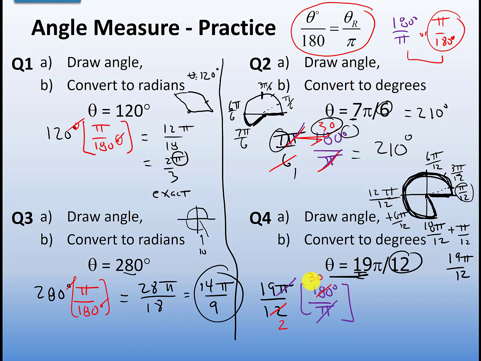And so 30, if I start multiplying 30 times 19, I messed it up.